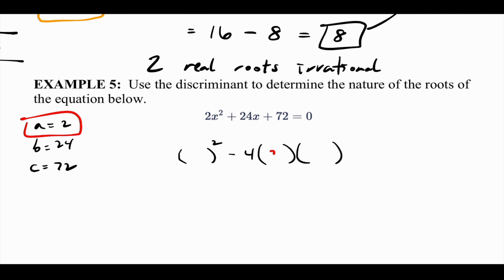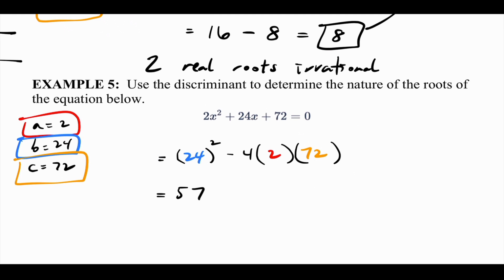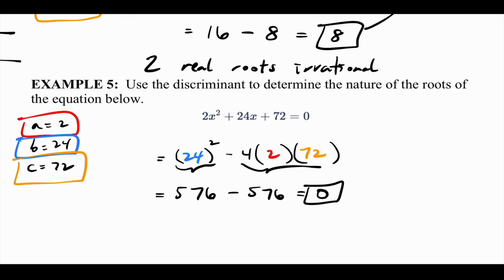A is 2. 24. 72. 24 squared is, I believe, 576, minus 576. I believe they're both equal to 576. That part you could just put in your calculator.